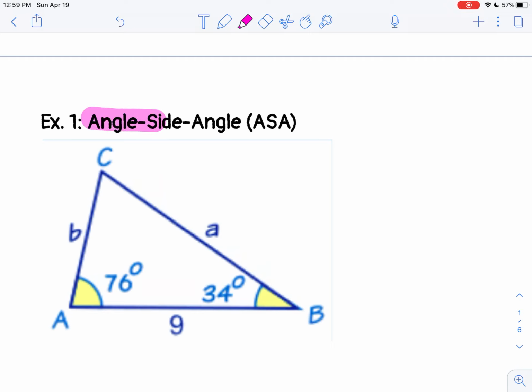Well, angle, side, angle comes from the fact that I have one angle, I have the side, and then I have another angle, okay? And just like I wrote the side in between the angles, the side that you're given has to be between the two angles, all right? So I can see here that 9 is between 34 and 76, okay?